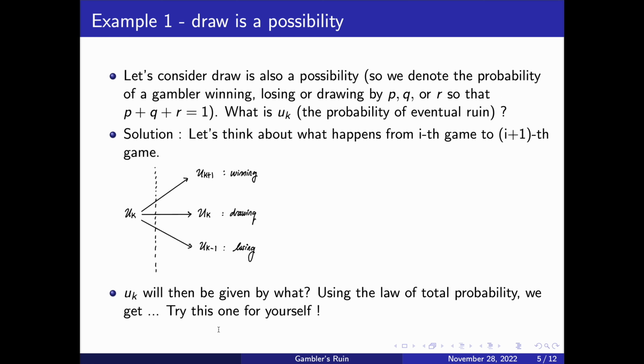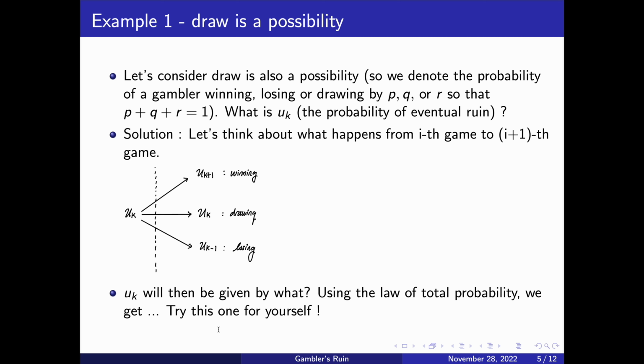So problem 1. So far we have only dealt with player A either winning or losing the match against player B. How about we include a third case, when player A and player B can draw? I think this is a very plausible case.